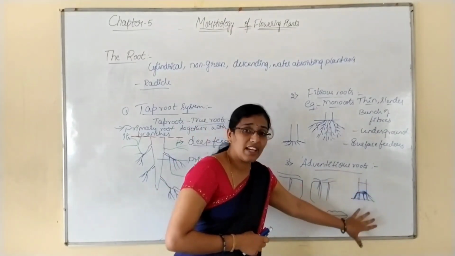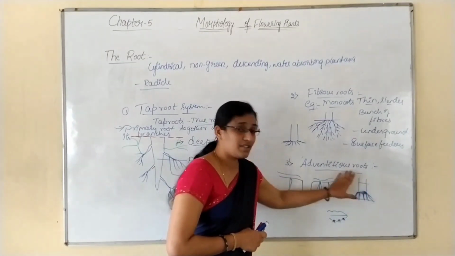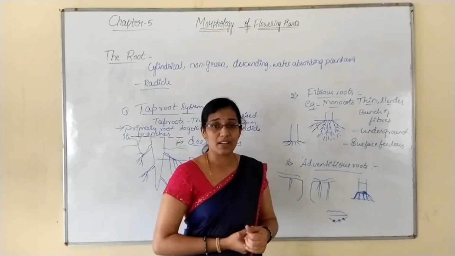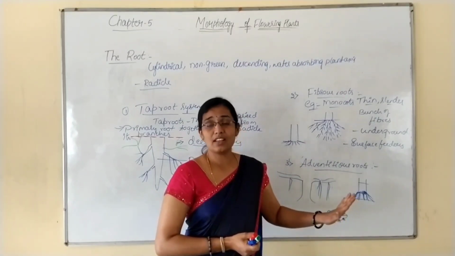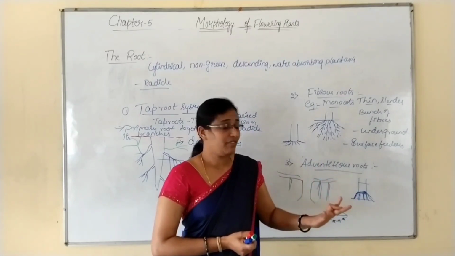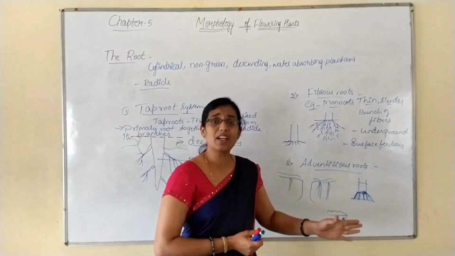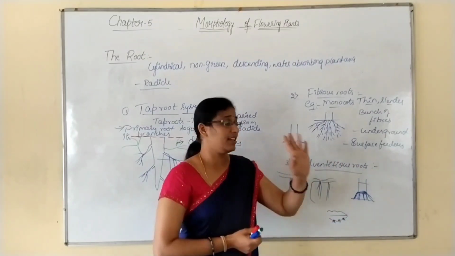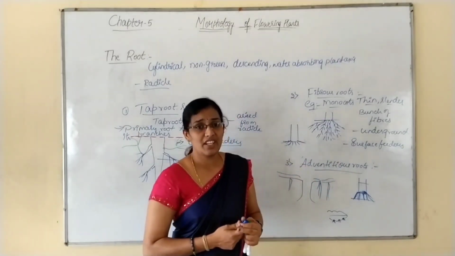See, if you look at the roots in these structures, none of these roots are arising from the radical part of the embryo. If the roots are arising from any other part, so any part of the plant other than radical, such roots are called as adventitious roots. So what are adventitious roots?